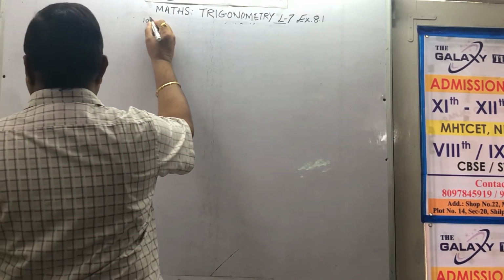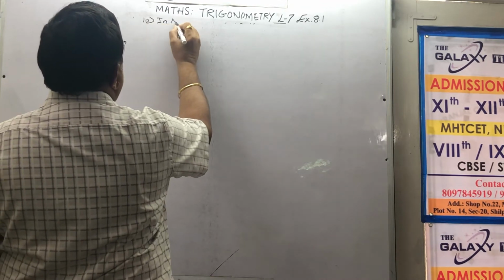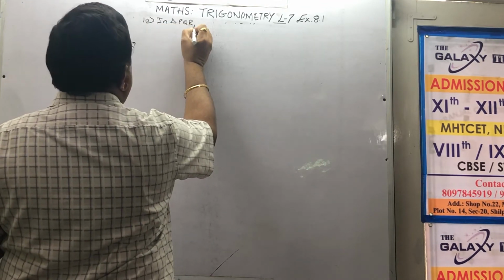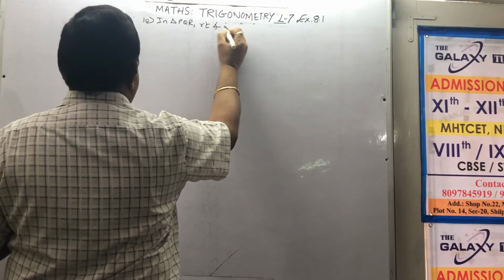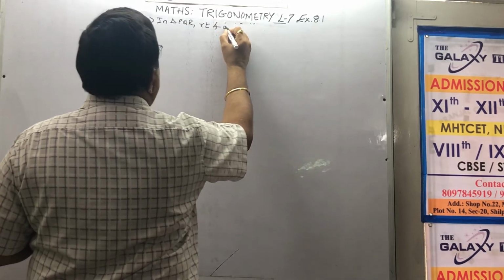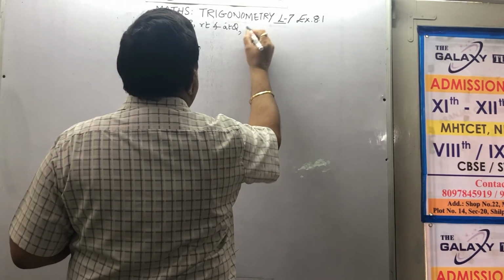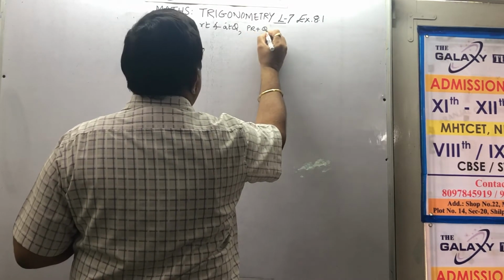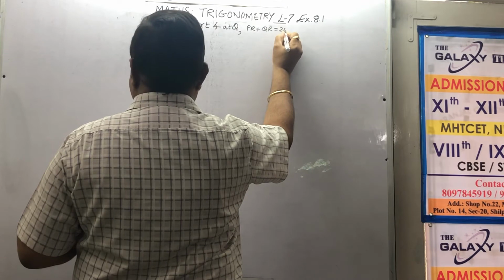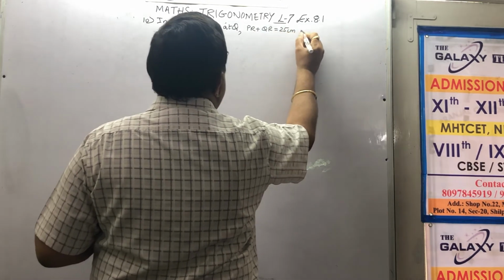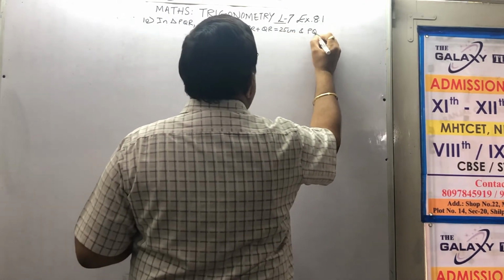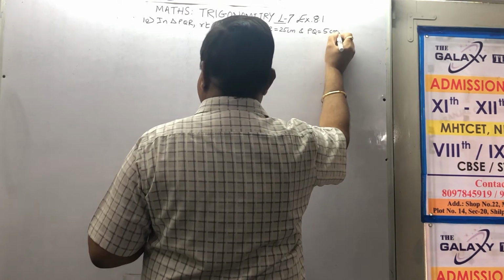Sum 10. In triangle PQR, right angle at Q, PR plus QR is 25 centimeter and PQ is 5 centimeter.